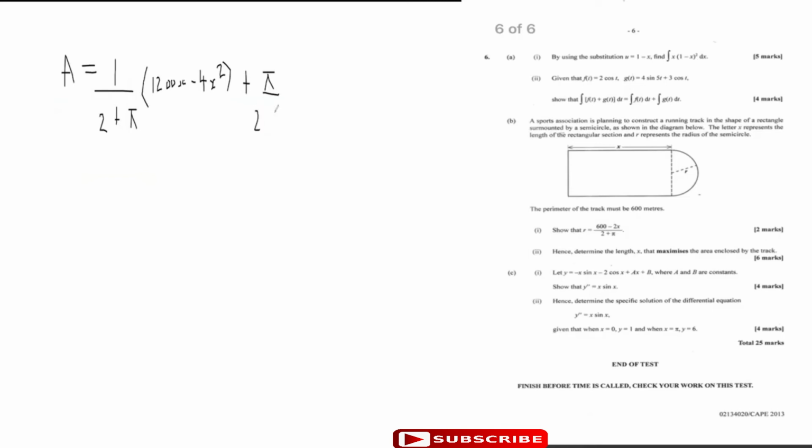So it's 2 times 2 plus pi all squared. And all of this here is being multiplied by 600 minus 2x all squared. Nice and easy.